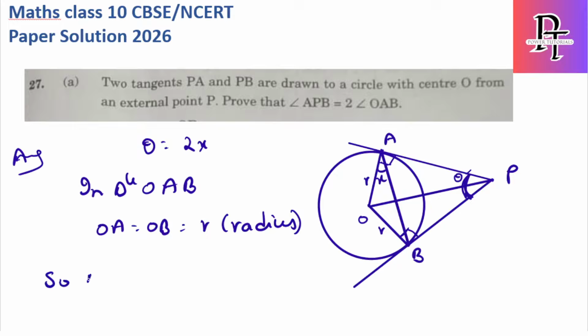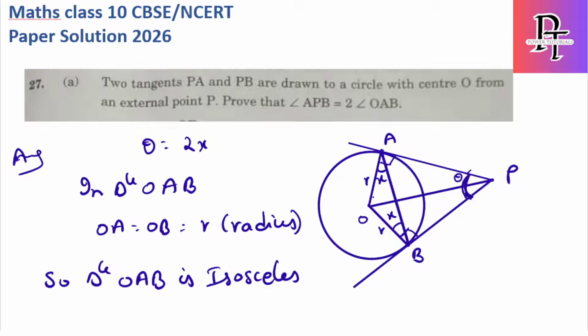So triangle OAB is isosceles. Isosceles means the opposite angles are equal. So if this is x, then this is also x.